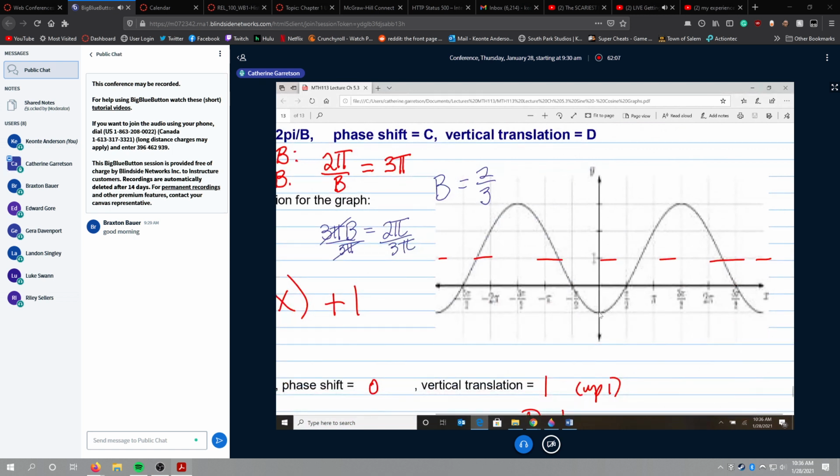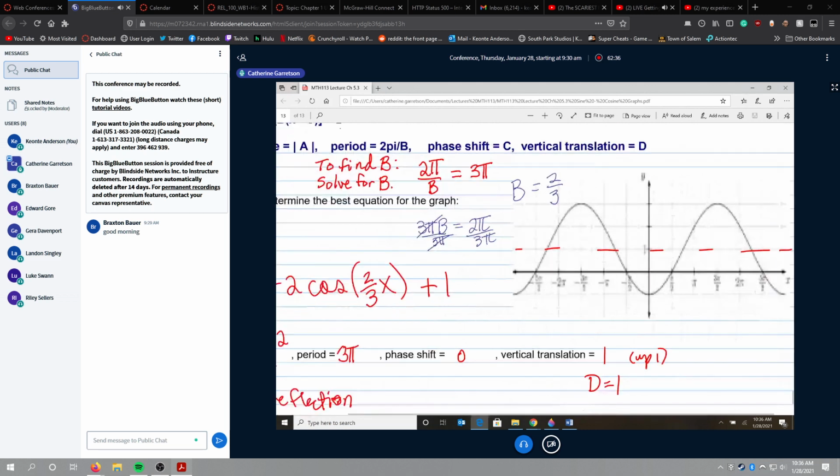Is it at the bottom of a valley or at the top of the hill? If so, that's a cosine curve. But if the y-axis is hitting it right in the middle, that's a sine curve. So right from the start, on a multiple choice test, I can say no, it's not a sine.